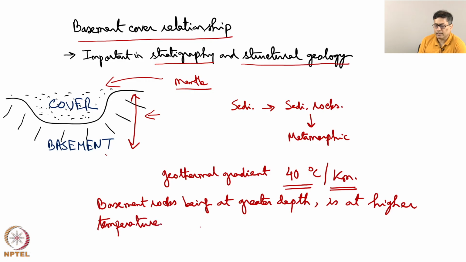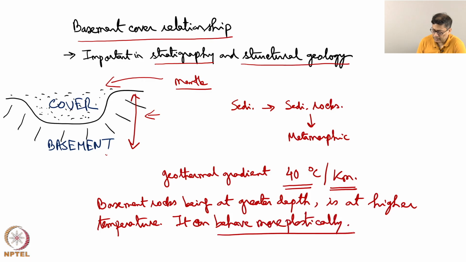The basement rock can behave more plastically, or mechanically in a different way than the cover. So, it is a two-layer scenario in this diagram. This is a two-layer scenario.